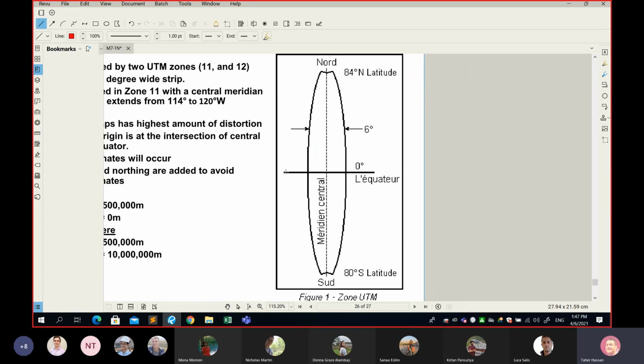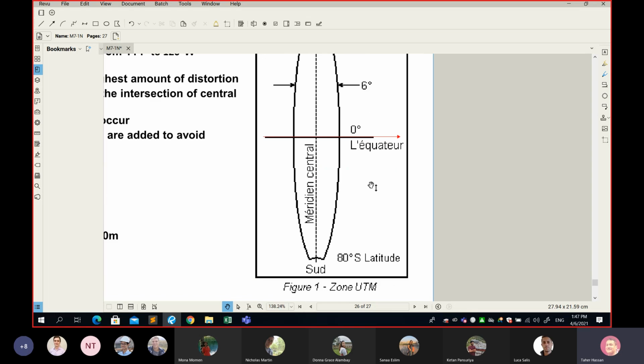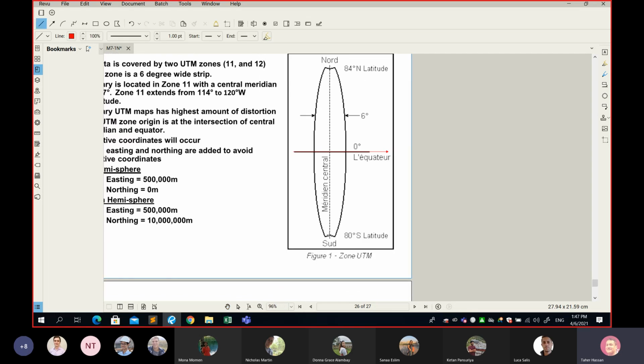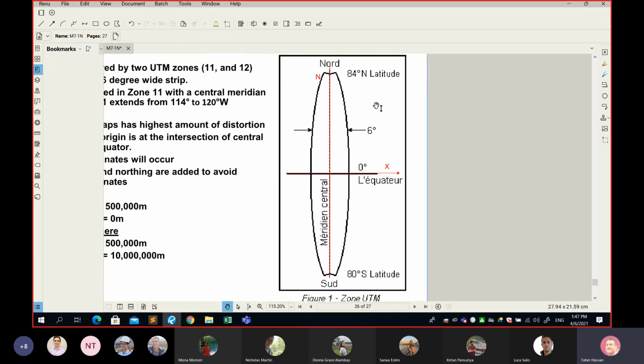After you project in UTM, this line here is your x-axis, the equator, and this line here is your central meridian in the middle of your zone, and this one is your y-axis. Forget about y, let's make it n. And this one is your x. You know what happens if this is the coordinate system on your map? There is a little problem here. The problem is this area here.